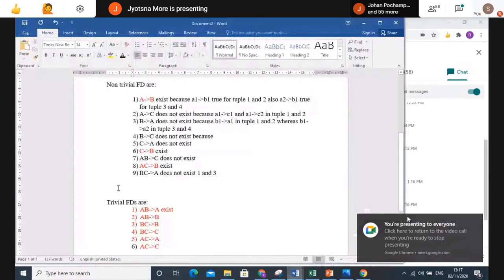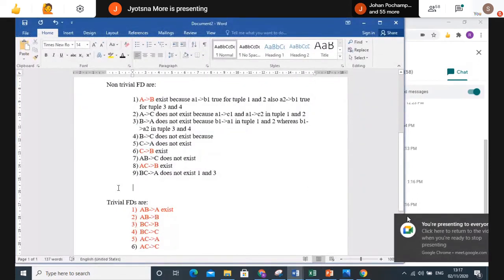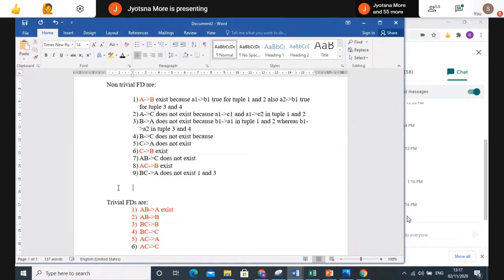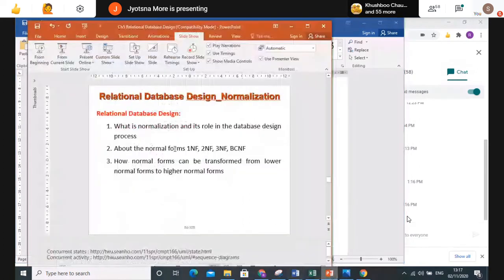The trivial functional dependency form is alpha determines beta. Next line, write down alpha determines beta. I will show you here, in PPTs it is there.